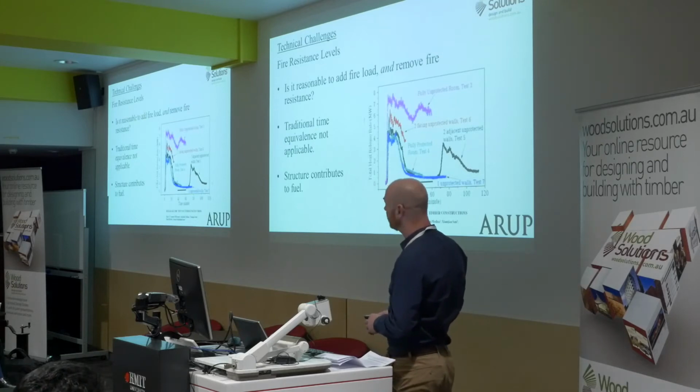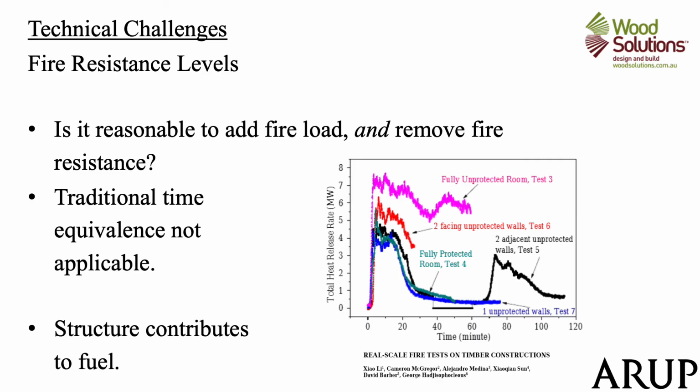So the first one is fire resistance levels of buildings. There's a push, kind of counterintuitively, to reduce fire resistance levels for exposed mass timber buildings. This is understandable from the developer's point of view, because where you're exposing mass timber, the section size is actually the protection of the timber.